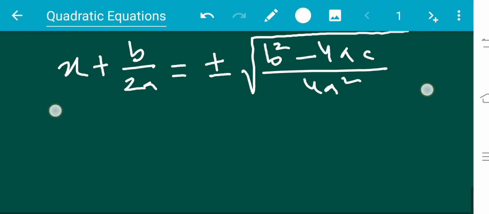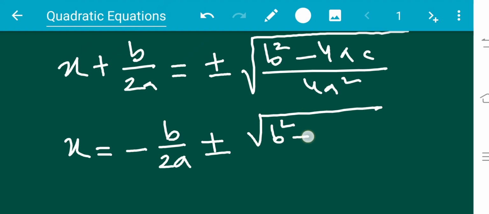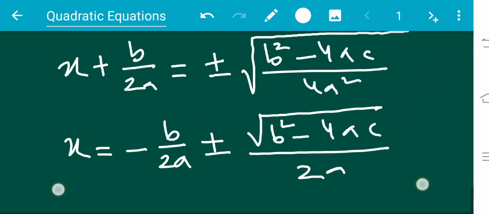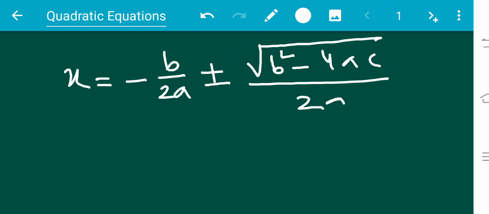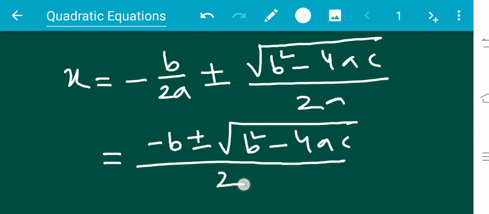So from here I can write x is equal to minus b by twice a plus or minus square root of b square minus 4ac divided by twice a. So x is equal to minus b plus or minus square root of b square minus 4ac divided by twice a.